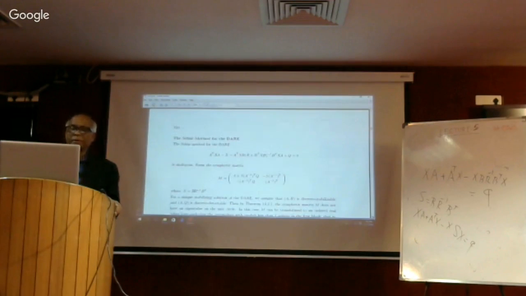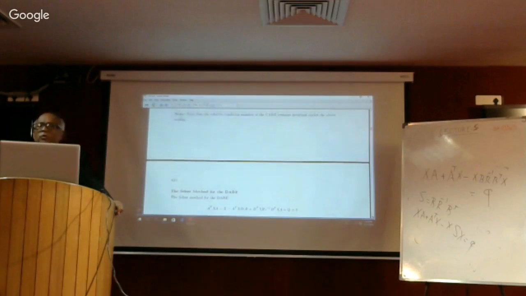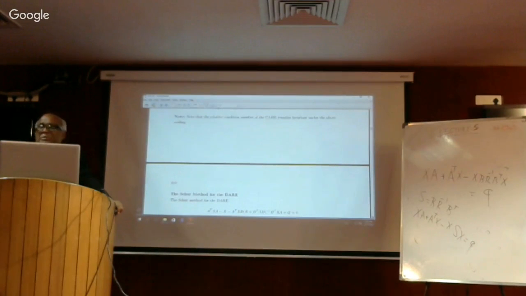And MATLAB has a command called care. It also solves the continuous-time Riccati equation. For discrete time, there is another Riccati equation, and MATLAB has a command for that as well.